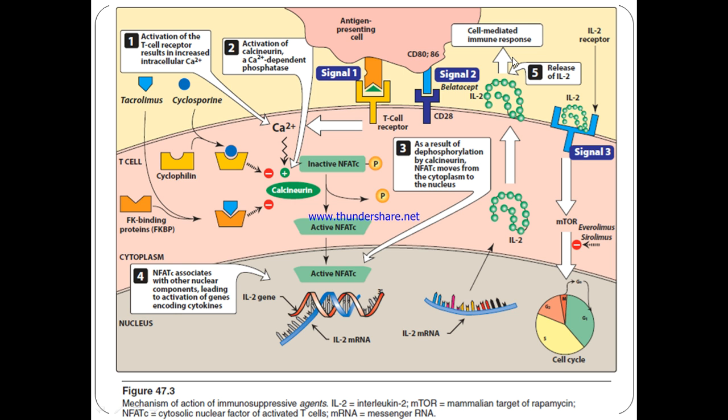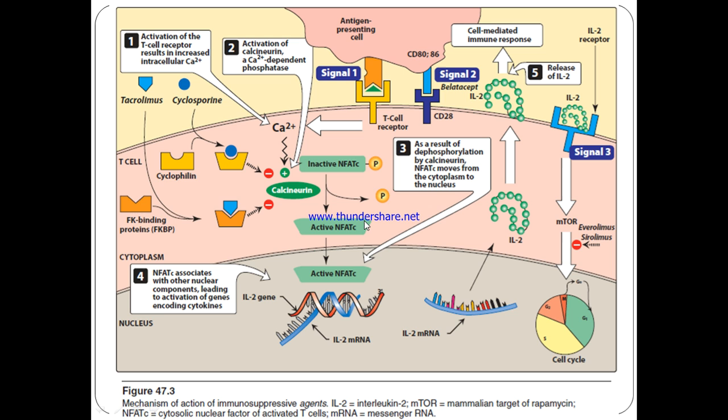So this part, what we are seeing again: first, activation of the T cell receptor after combining with the APC. As a result, what will happen? Increase in the intracellular calcium. Next is activation of the calcineurin due to the calcium. Next is dephosphorylation of NFATC by calcineurin.